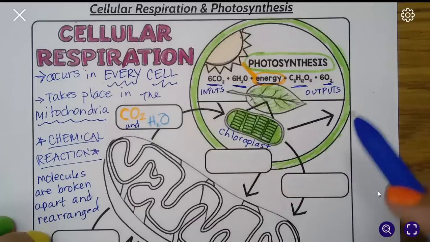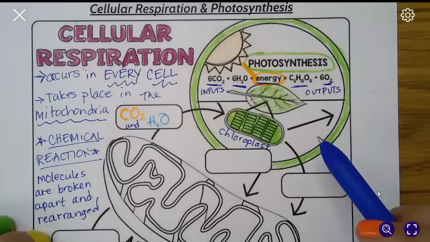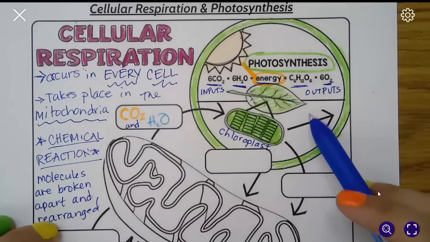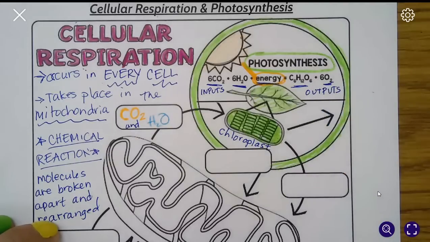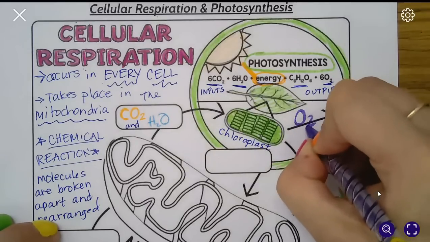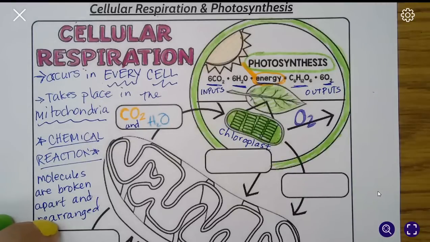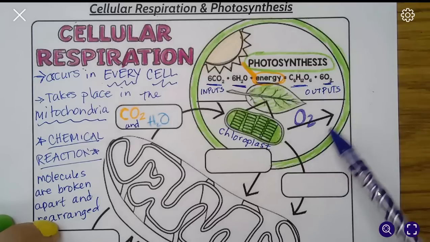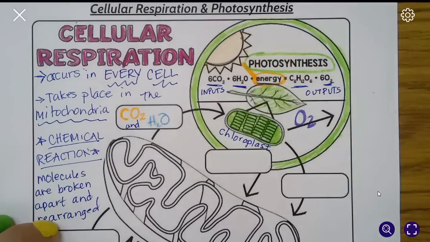Okay. And then what does photosynthesis produce? It produces oxygen. So we're going to grab our purple for oxygen. So it produces O2. So some of that O2 is given off and actually used into the environment. It also produces sugar. So we're going to grab our red.